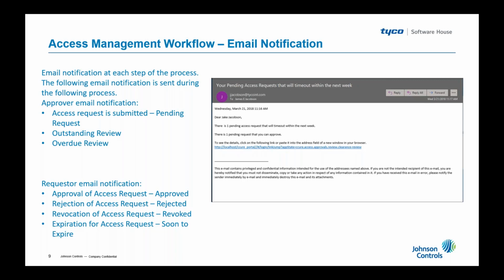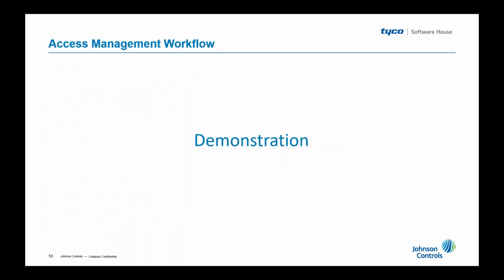Now, before leaving and going into the demonstration, one point is that requesters, depending on the scenario, can request access, obviously for themselves, but there's also that ability to request access for someone else.